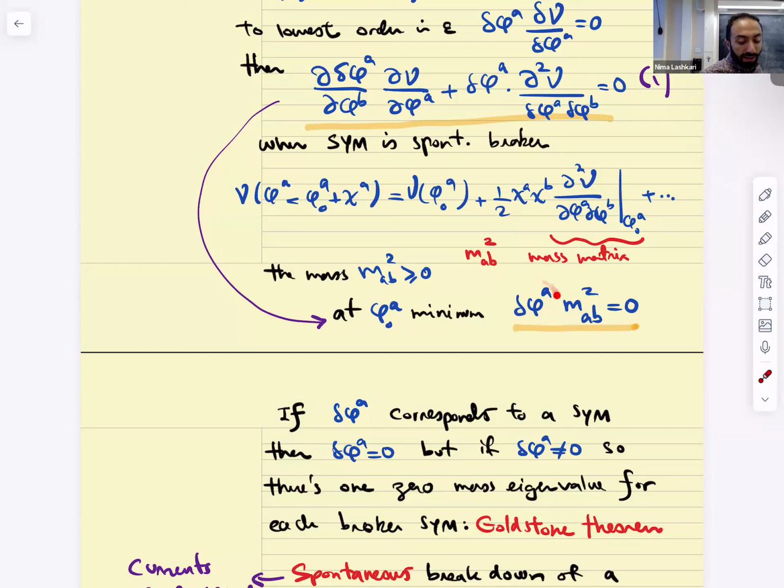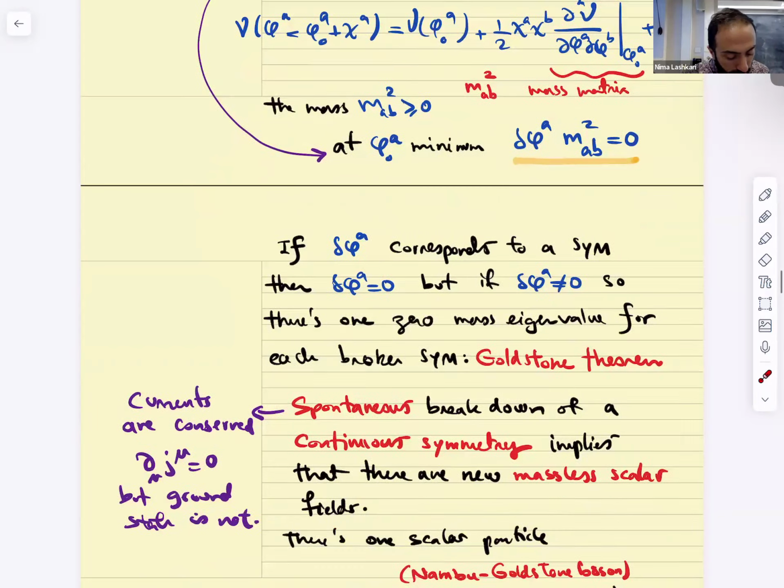If the symmetry is respected, it's consistent to have 0 mass, right? So if you start with a massive theory, what you expect is that every continuous symmetry that was broken will give you a massless mode. So that's how the counting works.